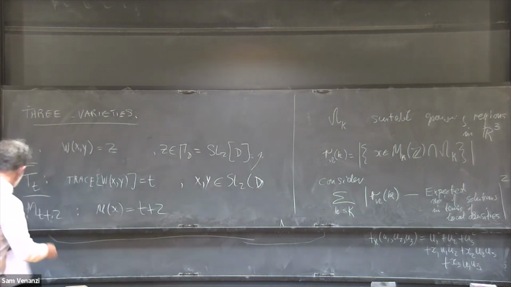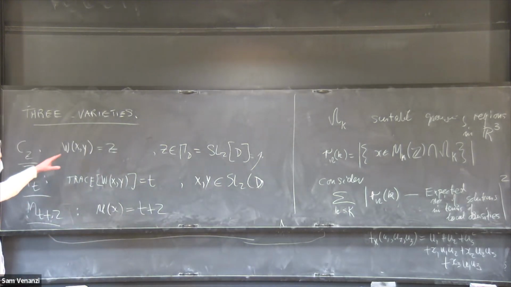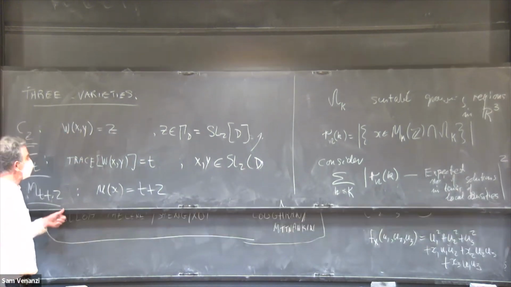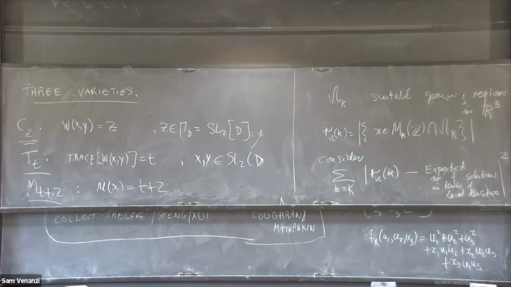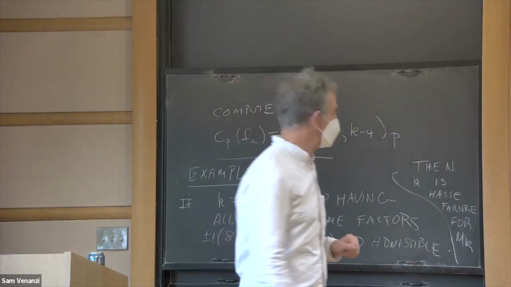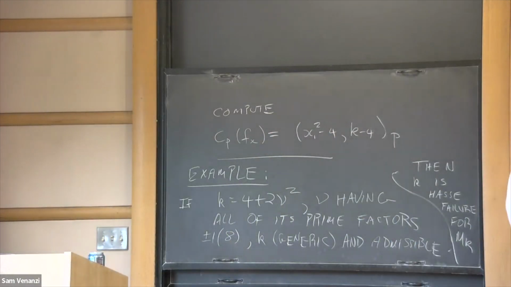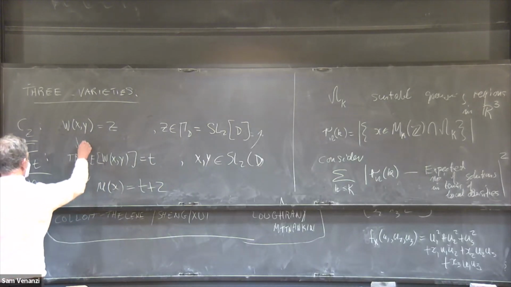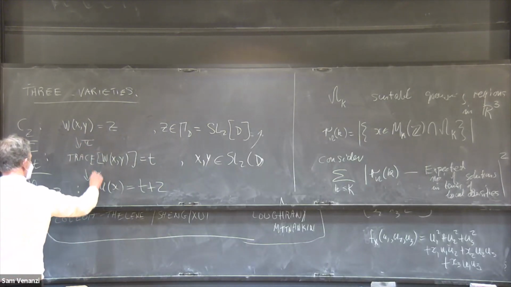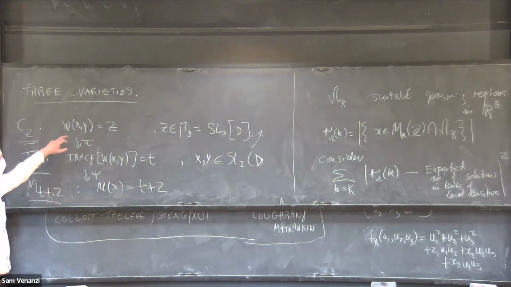Right, so these are three affine varieties. And there's a morphism from here to here and from here to here. There's a map preserving integers. So the map from here to here, I think I'll call it iota.